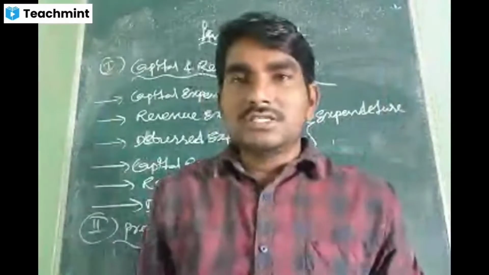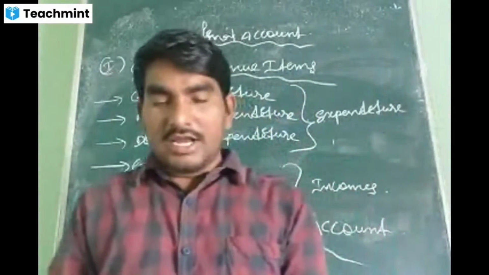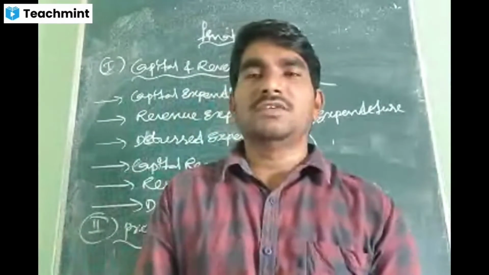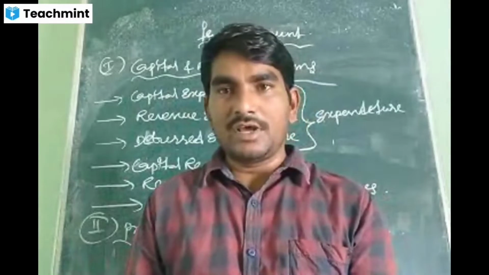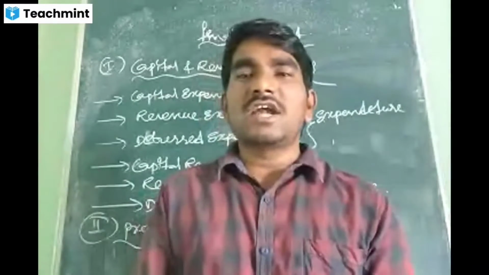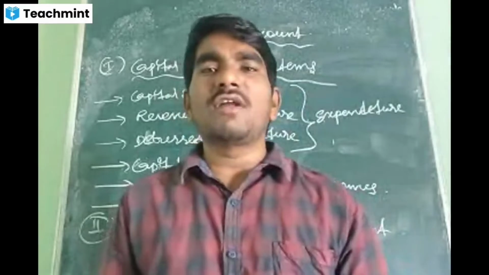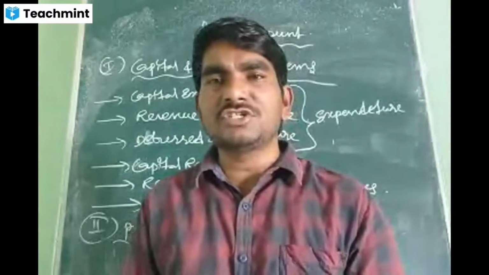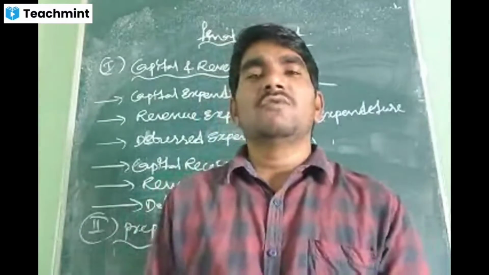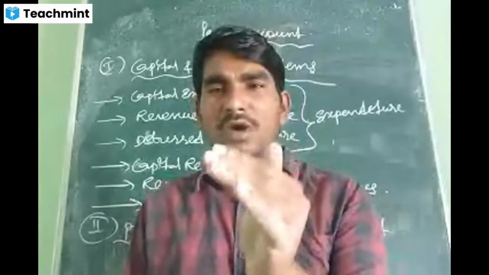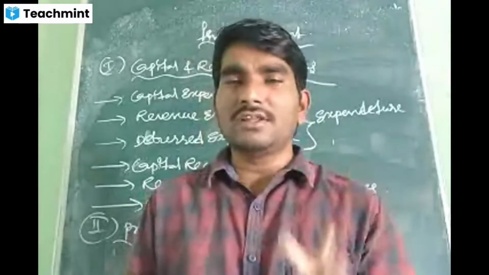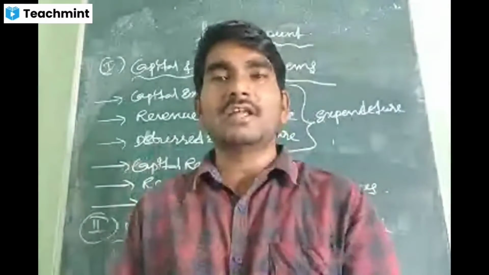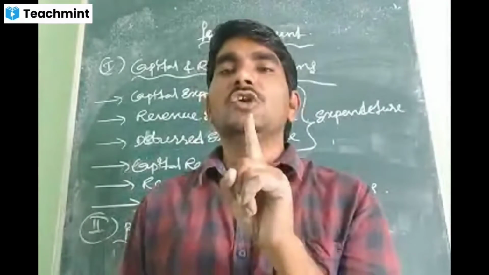Good afternoon, students. Yesterday, I already started the final accounts chapter. From this chapter, we will get a 20 marks problem in the intermediate public examination of first year, as well as a 5 marks question and a 2 marks question.